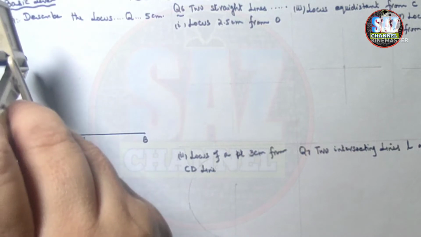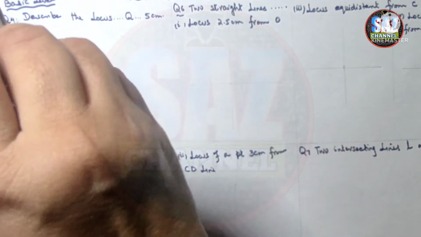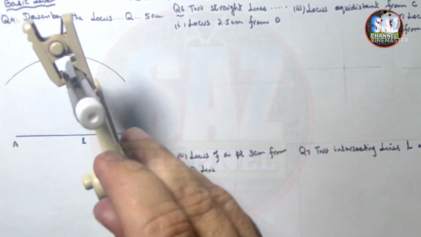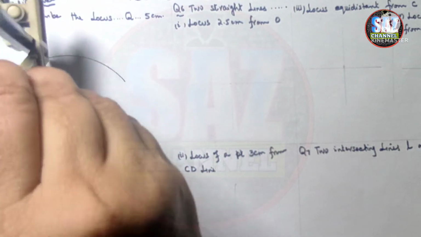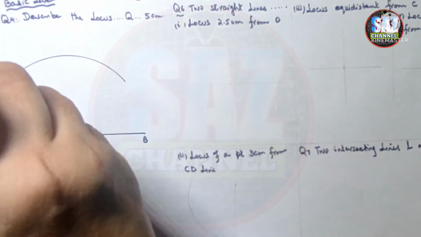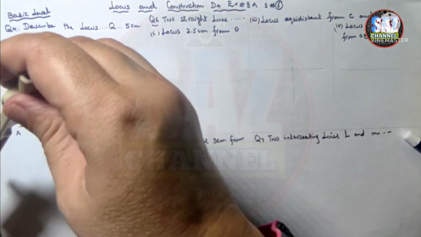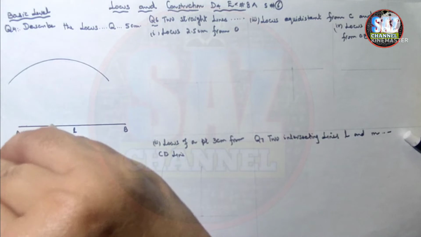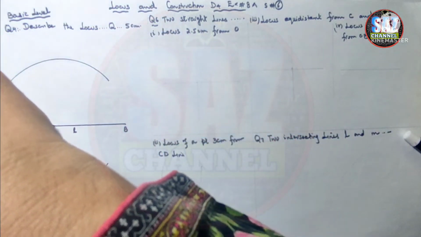We have to construct two semicircular arcs here, one arc at this place, and one arc downward, and this will give me height 5 centimeter at every point.